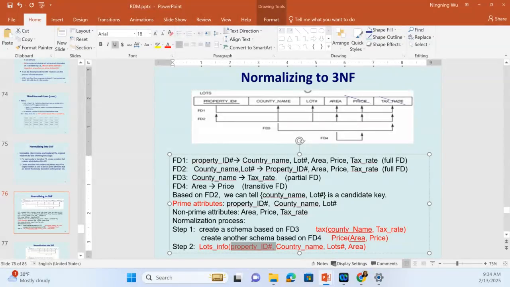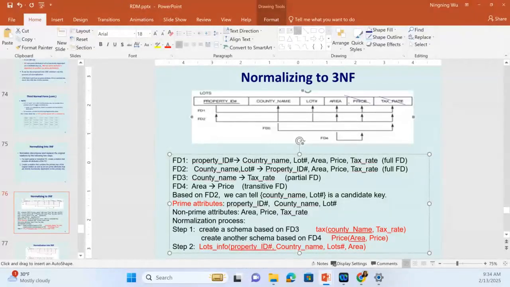Those attributes should be only on the right-hand side, the dependent. For example, I did that. We first cross out the price. Then for the partial one, we cross out tax rate. Then the remaining attributes should be included in the final step 2 schema.